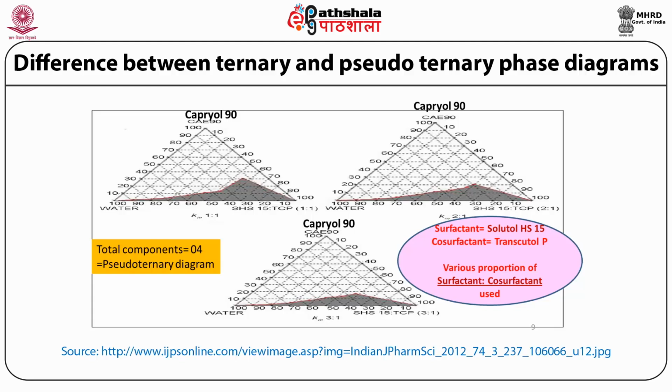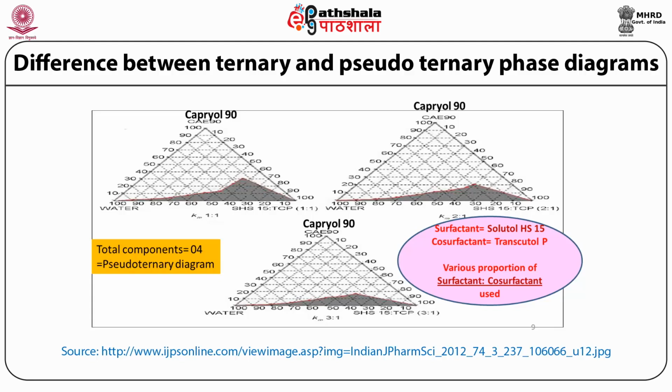Here we have A as Capryol 90 and water, and different proportions of surfactant to co-surfactant are taken, where the surfactant is Solutol HS15 and the co-surfactant is Transcutol P. In all these three Gibbs triangles, the Solutol HS15 to Transcutol P ratio is 1:1 in the first case, 2:1 in the next, and 3:1 in the third. Therefore, these are called pseudo-ternary phase diagrams.